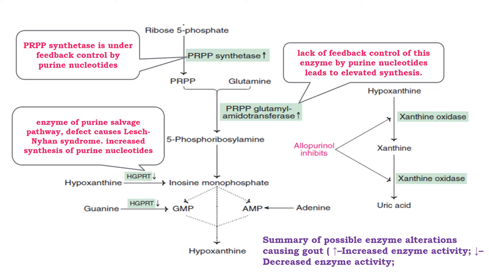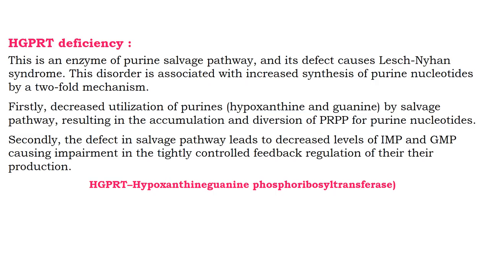So these two can be inhibited by allopurinol. So if there is less uric acid, definitely this will not accumulate in the joint. Now we will talk about the HGPRT deficiency.